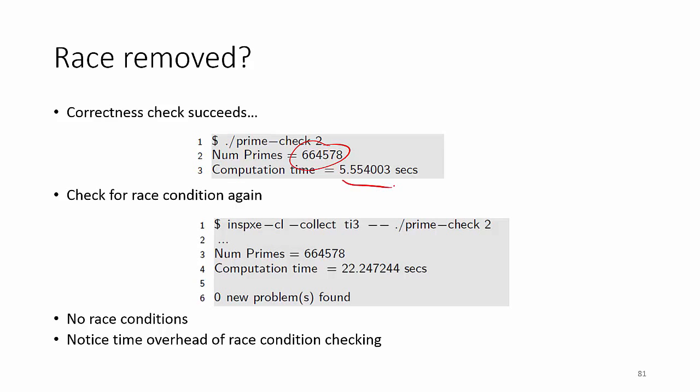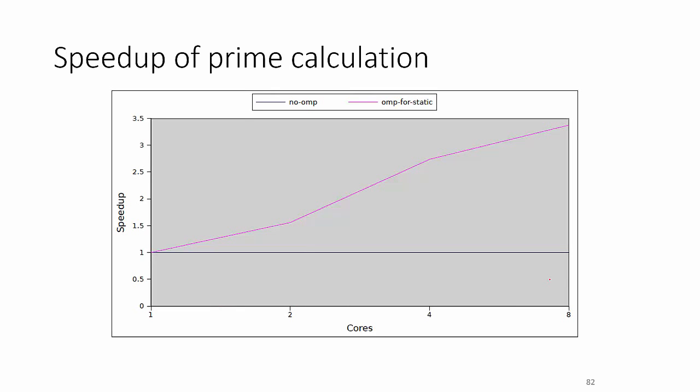We can check for race conditions again, and now we find that there are no new problems. It's interesting also to see here that checking for data races is really much more time-consuming than profiling in itself. But we have no race conditions, that's good. But the speedup is bad.